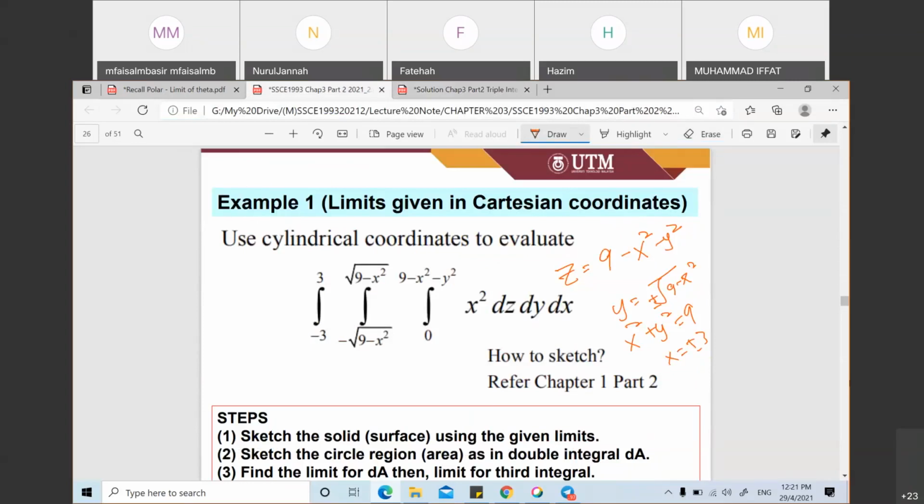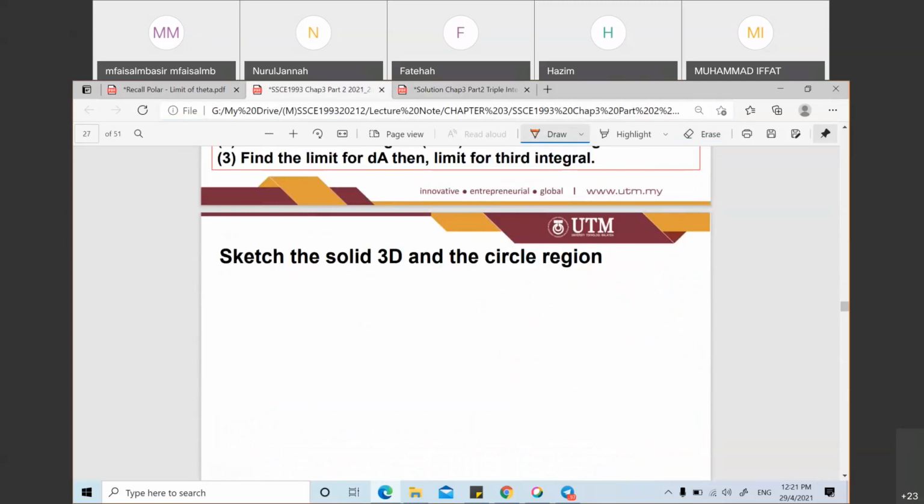Okay, let me see. So z equals 9 minus x squared minus y squared. Let's say I choose z equals 0, which is the xy plane. You have a circle with radius 3.